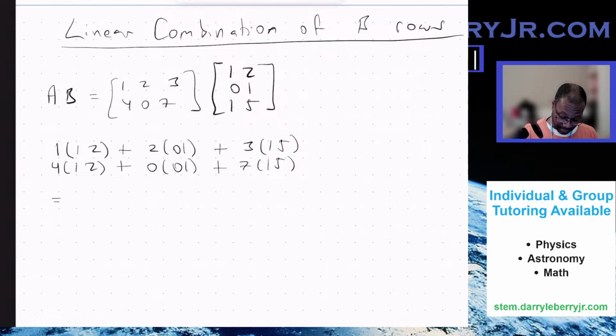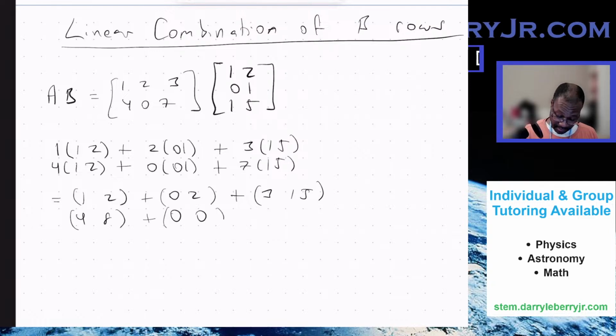So this equals (1, 2) plus (0, 2) plus (3, 15), and (4, 8) plus (0, 0) plus (7, 35).